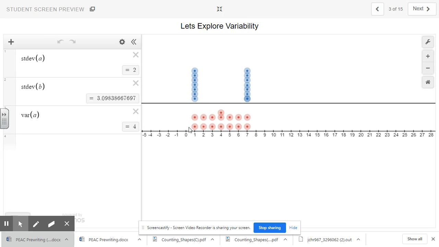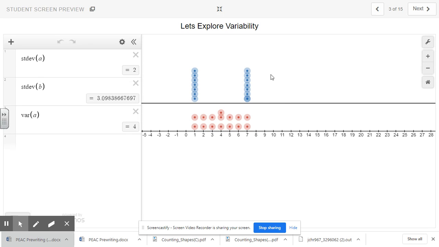The red dots, I will be more likely to get that if I pick out a number, what did I say, 5, because there's at least 2 of them. So my chances of getting it are higher. So my variability then is lower. I'm not sure if that helped.